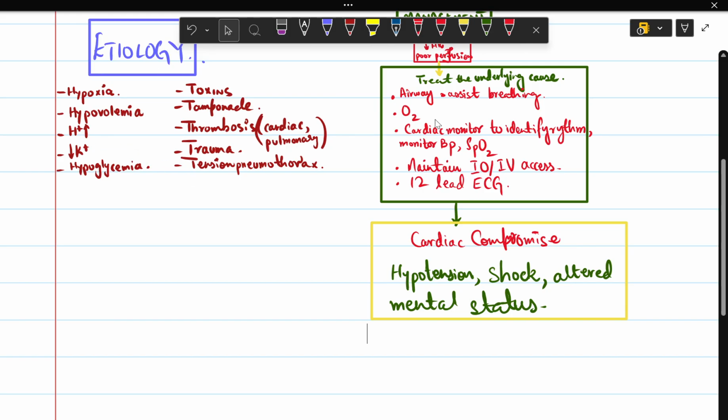Like for example, attaching oxygen gets rid of the hypoxia, and providing IV access and then attaching fluids can get rid of the hypovolemia. Okay, but you need to be careful about PCM children, because the children who are in PCF usually have fluid overload, so you need to be careful about them when administering fluids to them.